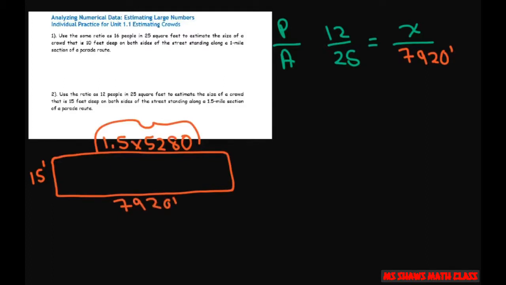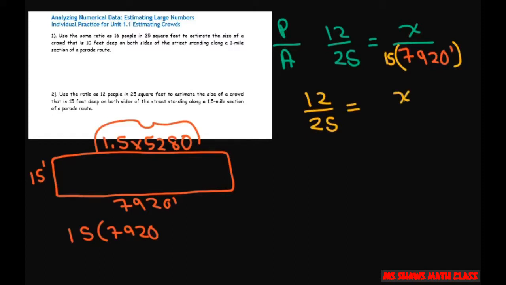So this whole thing equals that. And then you multiply 15 times 7,920. Whoops. So basically, we need to put a 15 in front of this. And now what you have is 12 is to 25 as x is to 118,800.